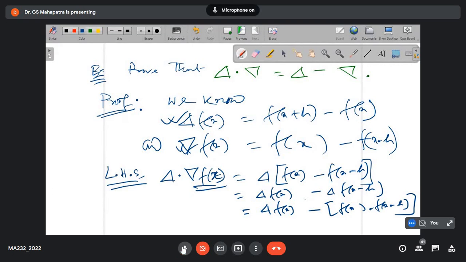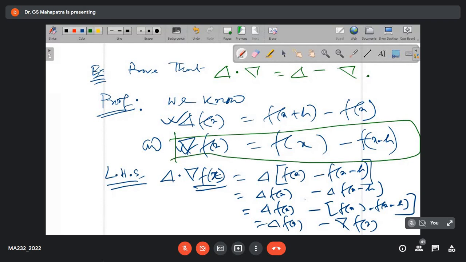From the definition you just check it: delta f of x minus nabla f of x. Therefore delta dot nabla, we can write here, is delta minus nabla on f of x.